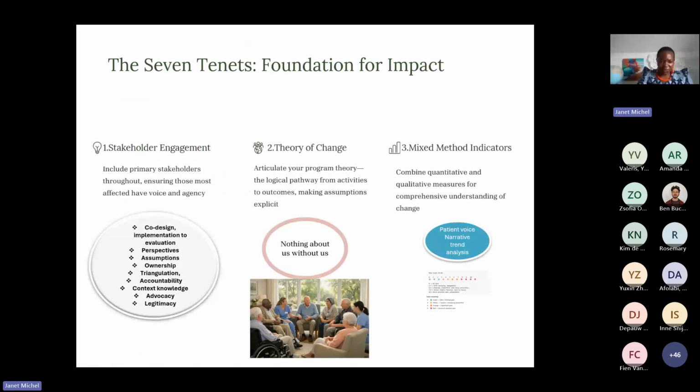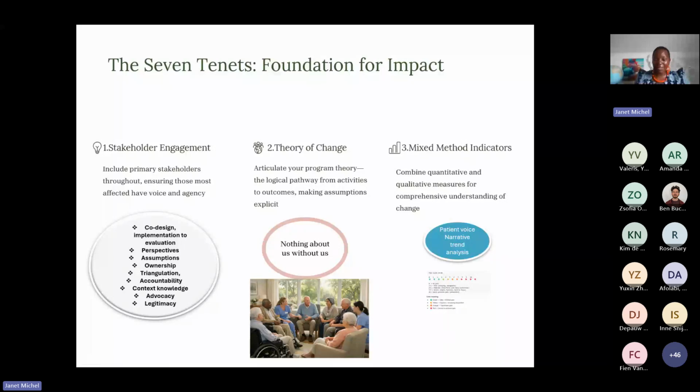So the 7 central tenets. By including the first one, stakeholder engagement in co-design and implementation, their perspectives and assumptions are taken into account. It also brings contextual knowledge, and it fosters ownership and accountability. And the central tenet number 2, the theory of change.